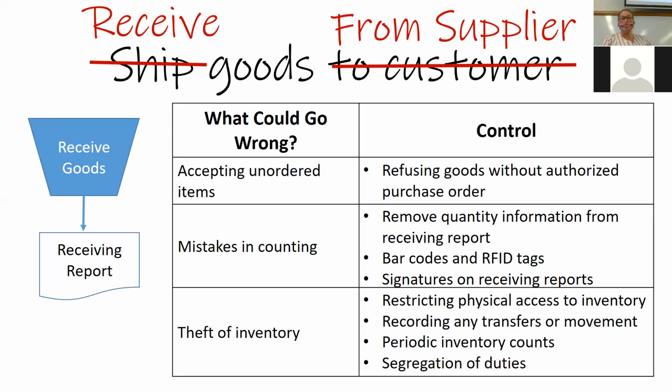And then we talked about theft of inventory when we talked about the selling process as well: restricting physical access, recording any transfers or movement, periodic inventory counts, and then segregation of duties. Any questions there?